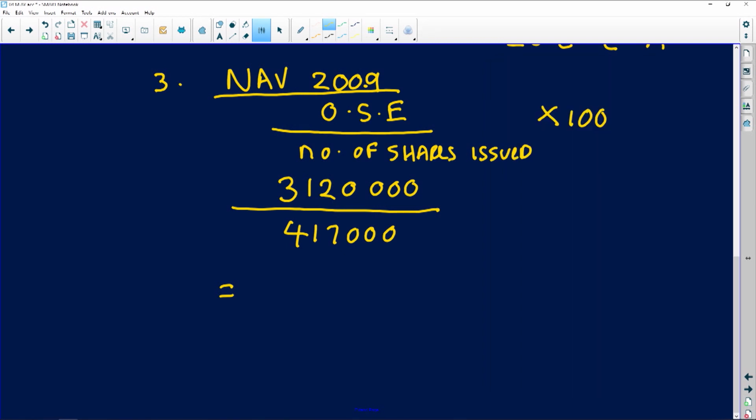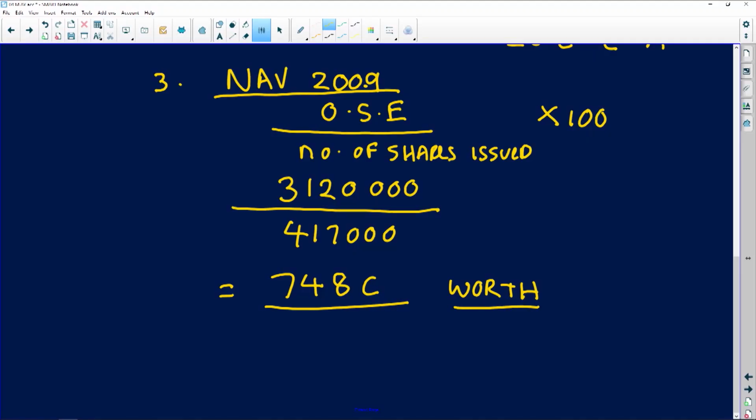Okay, or 748 cents if I multiply that by 100. So remember guys, again, we'll get to the interpretation in a bit, but net asset value tells me what is the actual worth of my shares, right? So according to the balance sheet, according to the books of the business, one share is worth 7 Rand 48 cents.